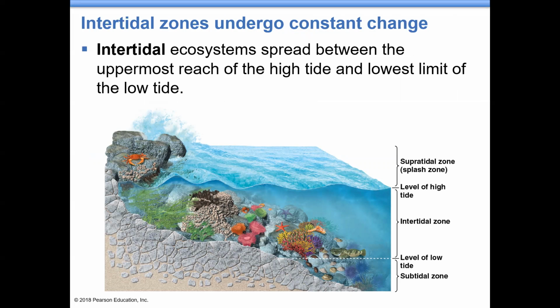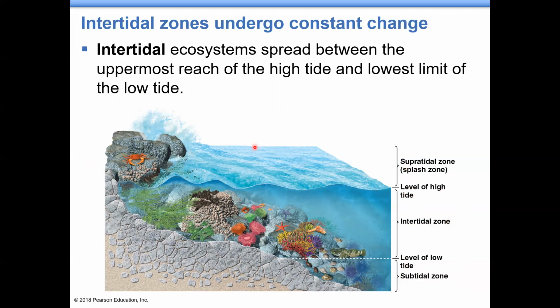If we come closer to the shore, we have a region that we call the intertidal zone. The intertidal zone is a very unique ecosystem between the areas where we have low tide and high tide. Because as the tides change throughout the day, let's say this is an area along the beach here.